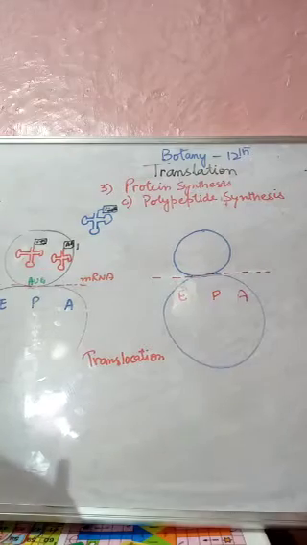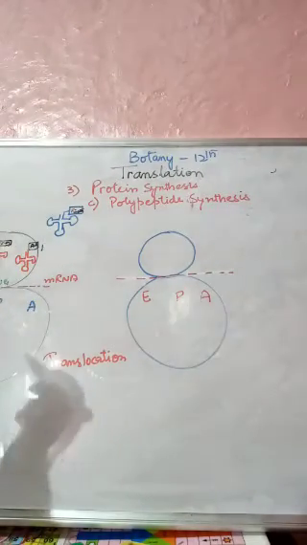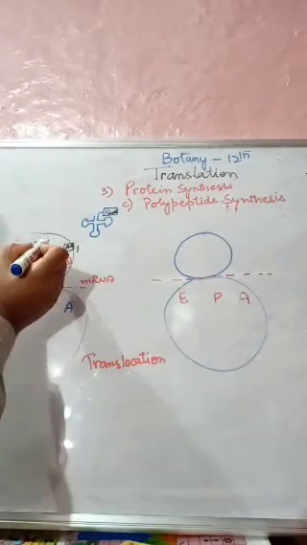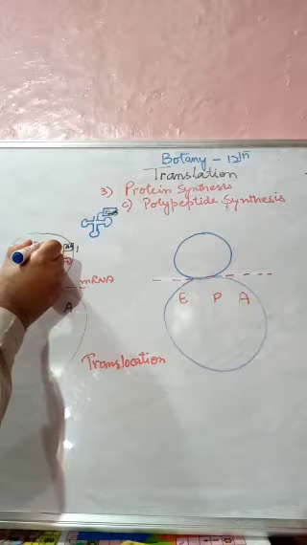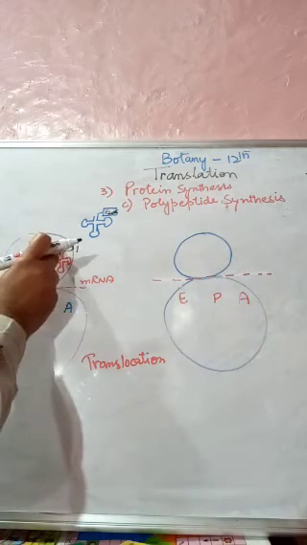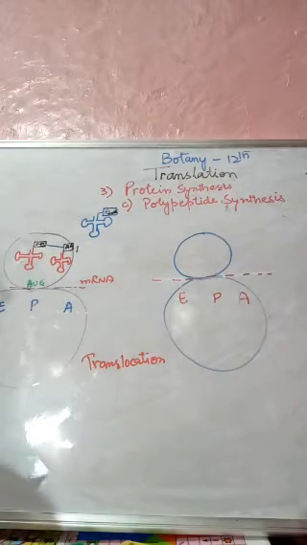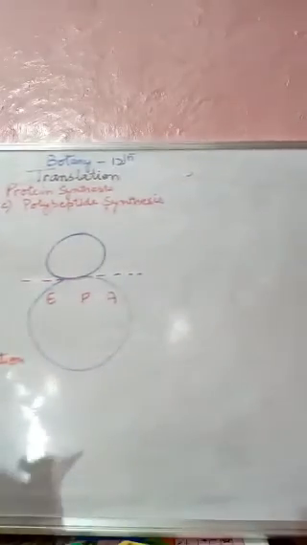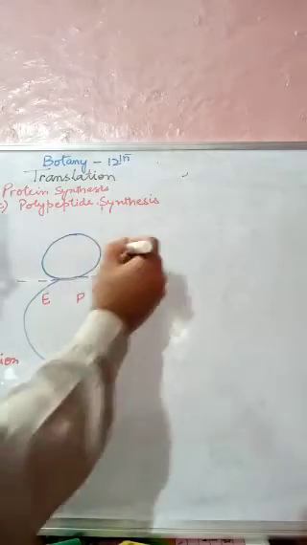Before this actually takes place, this amino acid and this amino acid join together by means of the bond which is called the polypeptide bond. Now we'll draw another diagram. This is the mRNA.